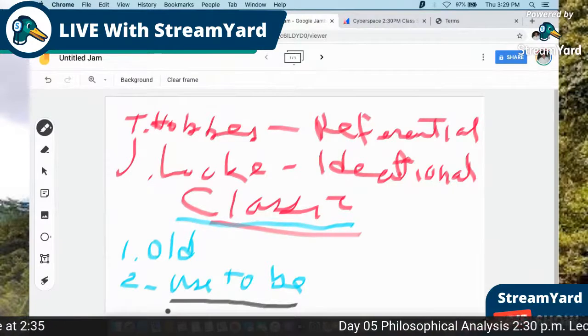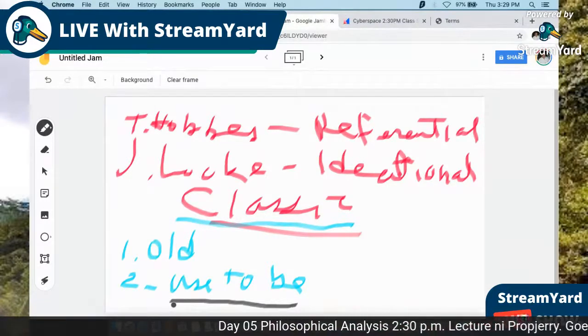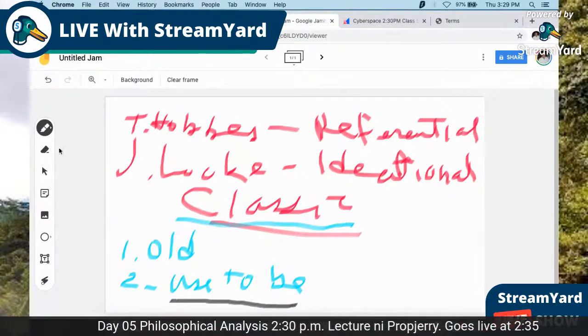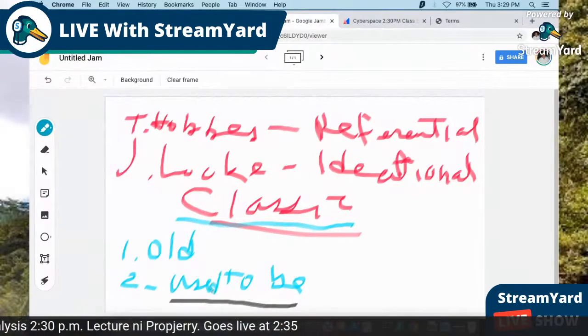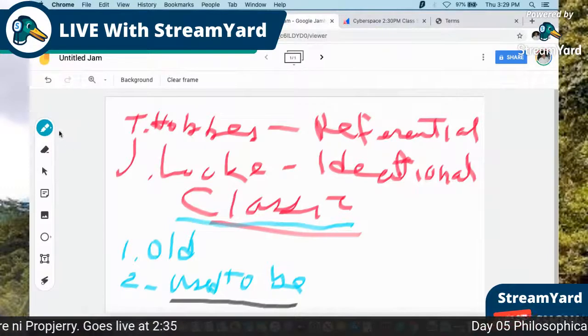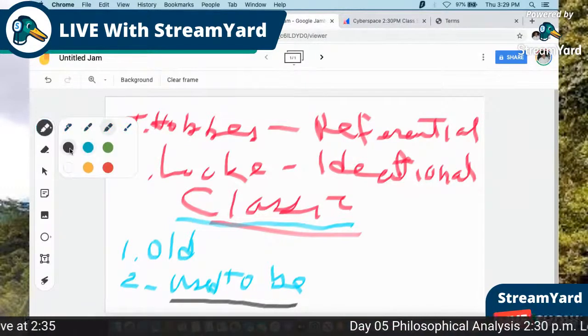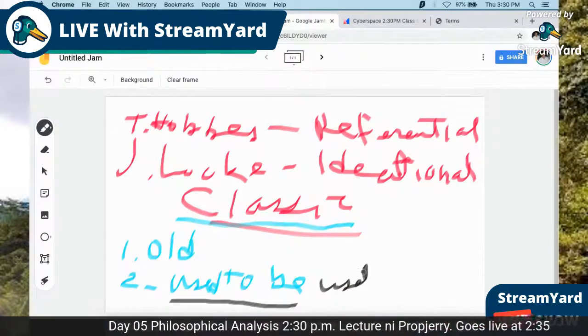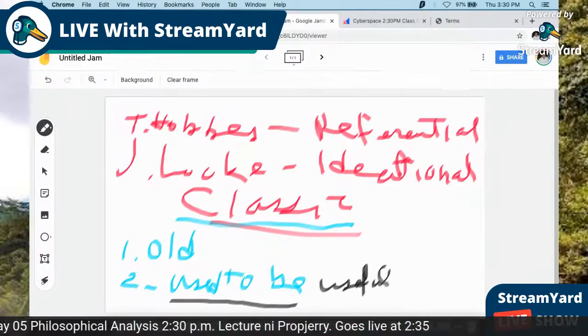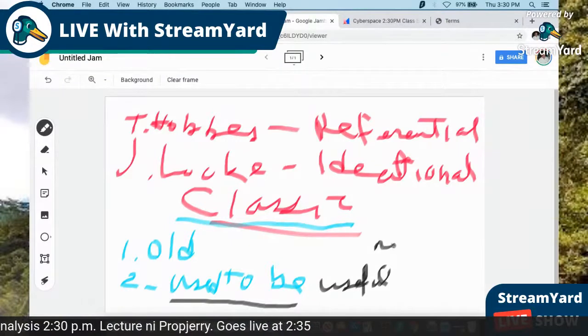Let me correct myself: useful before, not anymore.